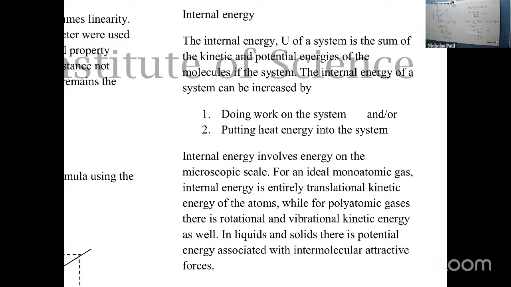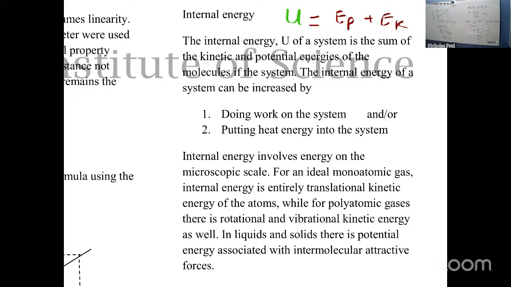To raise the internal energy, all we have to do is raise the kinetic and potential energy. That's it. The internal energy of a substance is the sum of its kinetic and potential energy. So if you want to summarize it, put a little formula: internal energy is equal to the sum of the potential energy of the substance plus the kinetic energy.